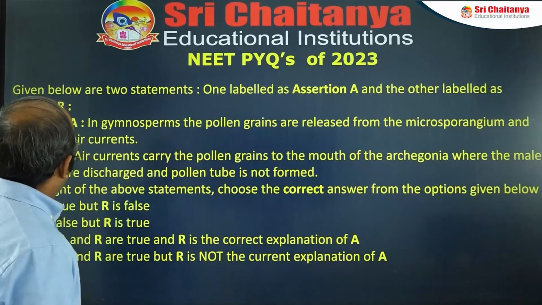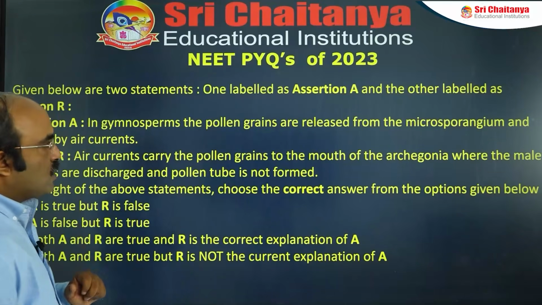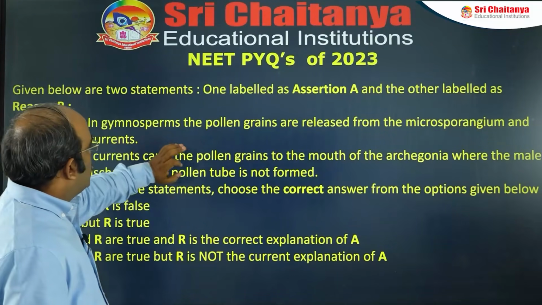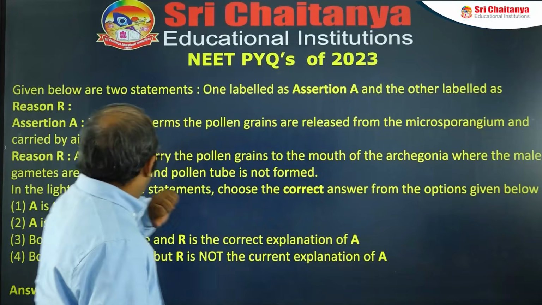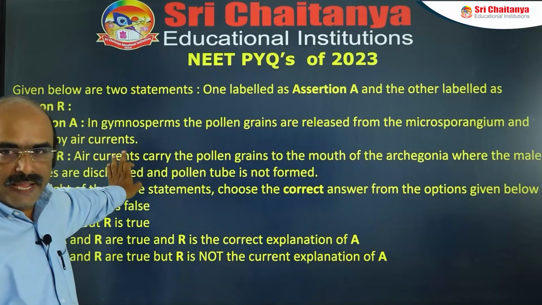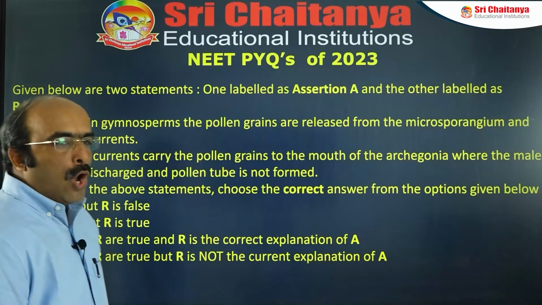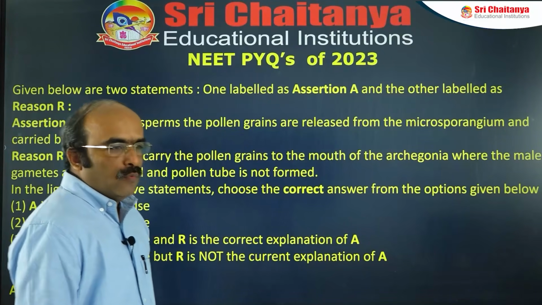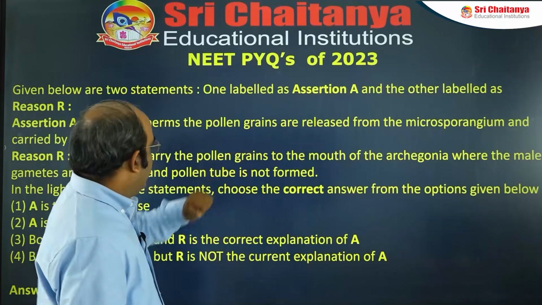Now, this is the second one with regard to the same 2023 paper. This is also an assertion reason. In gymnosperms, the pollen grains are released from the microsporangium and carried by air currents. Because they have a direct pollination, they will land on the micropyle of the ovule, where the agent is considered to be the air.